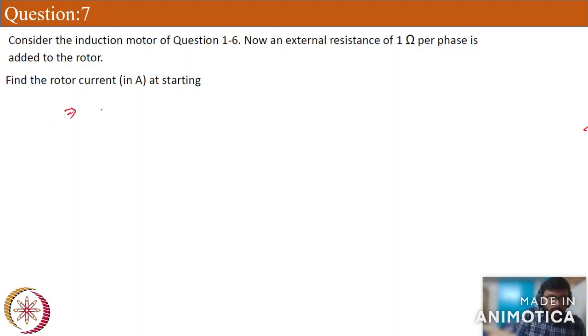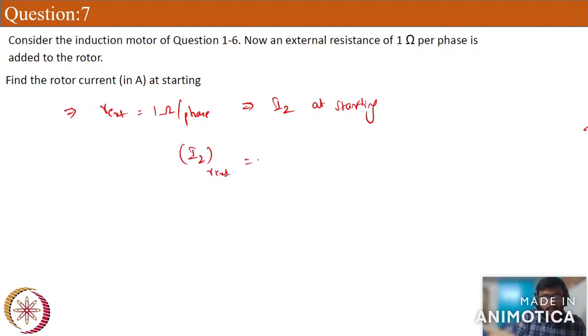Now see, R external we added is 1 ohm per phase. Now we have to calculate I2 at starting. Now I2 when R external is connected, we know at starting S is equal to 1. There is no doubt in that. Standstill means S equals 1.